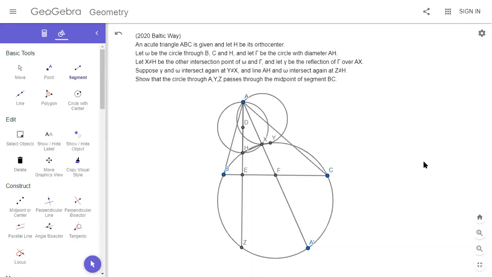Let's see. Is there a way to do it? Power of a point? Probably not. But let's see. Let me draw FY. So what does it mean for Y?